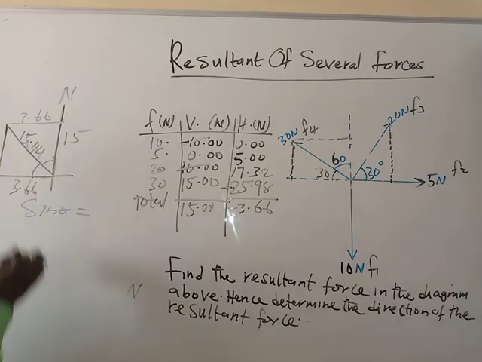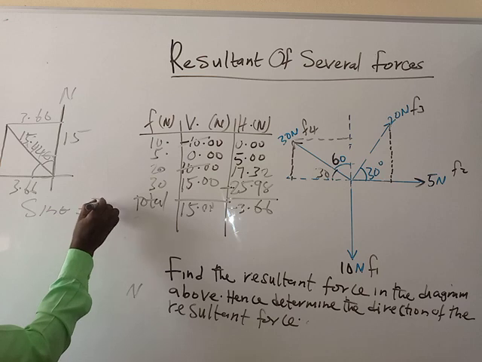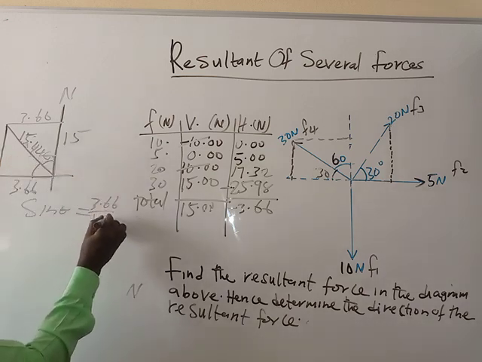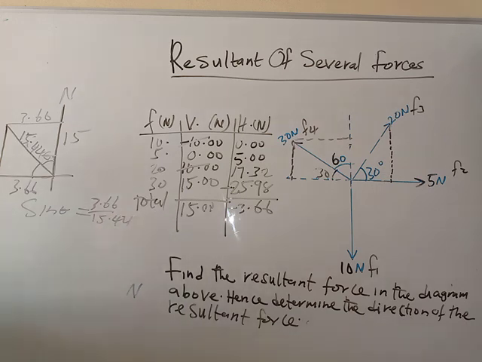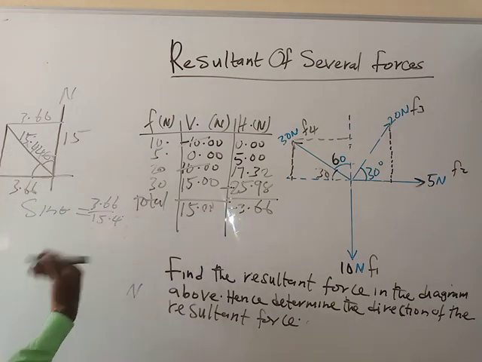Sine theta is equal to opposite over hypotenuse: 3.66 over 15.44. So that will give us 0 point, opposite over hypotenuse, about 0.24.